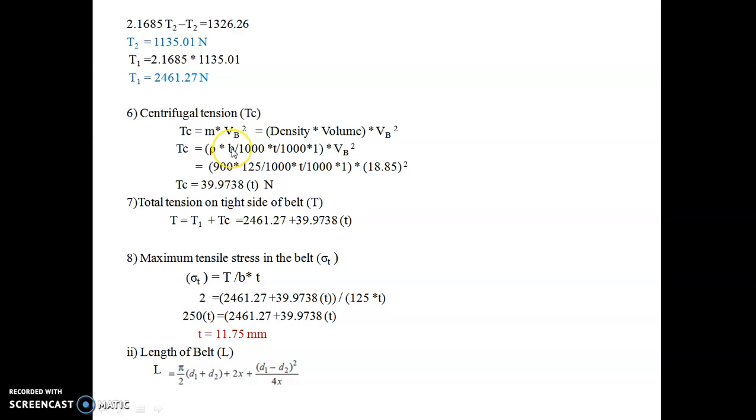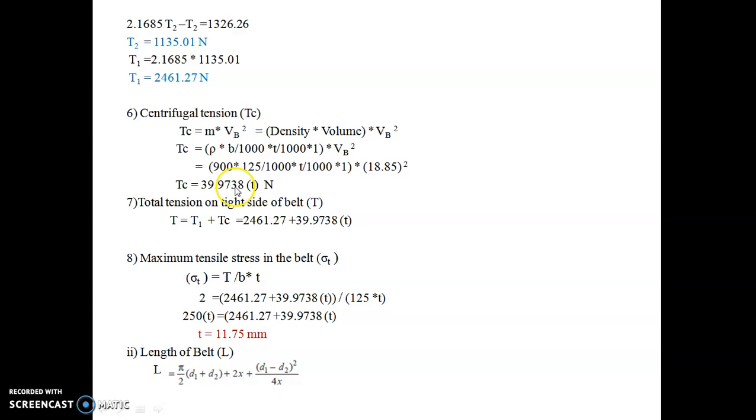Here we have the value of B in mm, so we have divided by 1000 to convert into meter. Similarly for T, rho is already in kg per meter cube and velocity in meter per second. So rho is 900, B is 125 divided by 1000, T unknown divided by 1000 and into 1 into 18.85 square. So centrifugal tension is equal to 39.9738 into T Newton. So Tc is in terms of thickness.